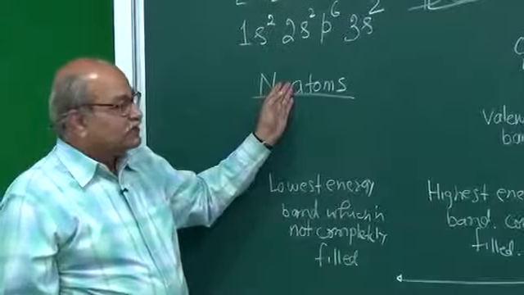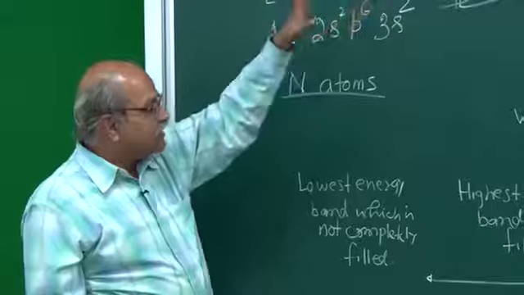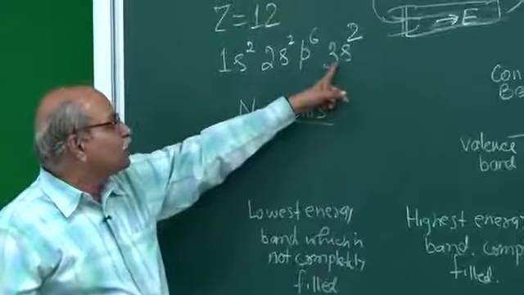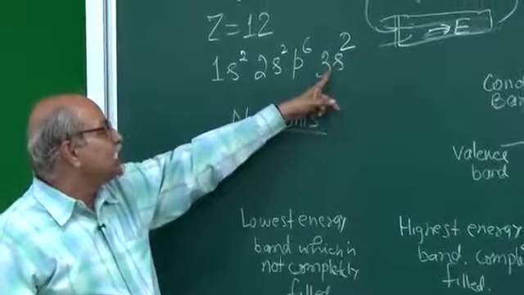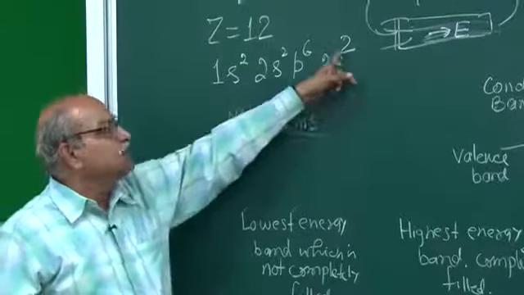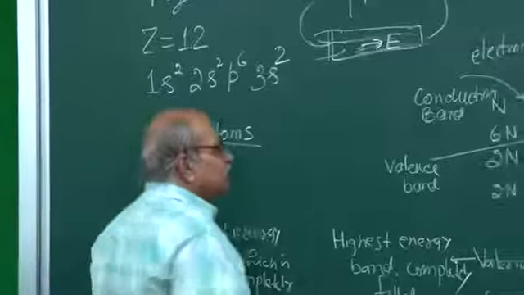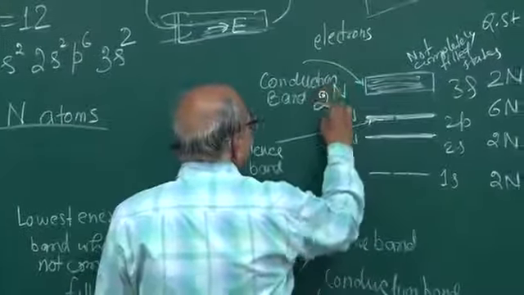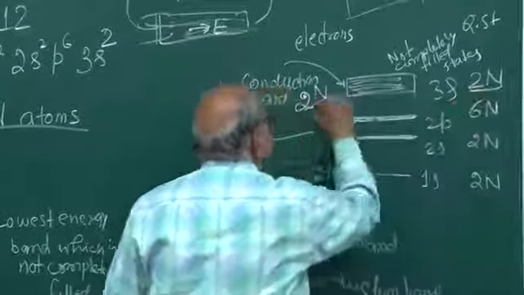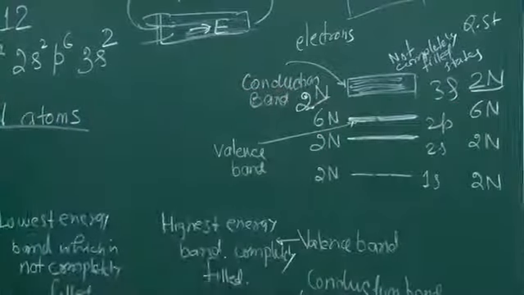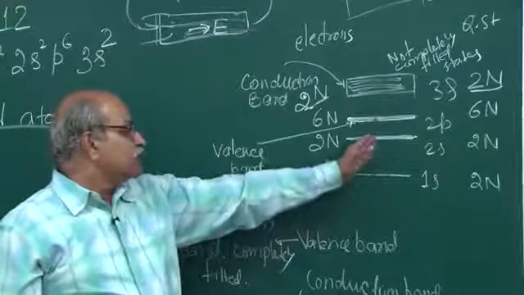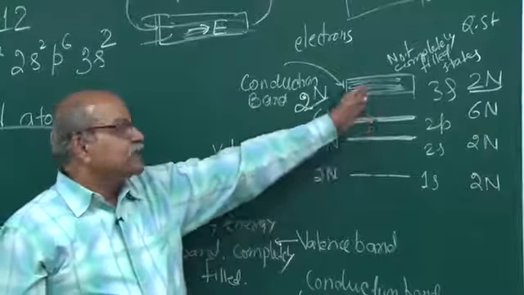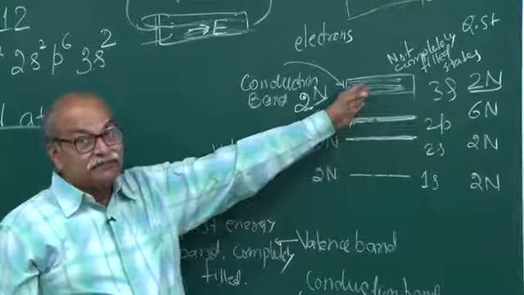So what will happen? You have those bands, and now for 3s also, for each atom you have 2 electrons. That means after this splitting, this also has now 2n electrons and 2n quantum states. So this is completely filled, this is completely filled, this is also completely filled.